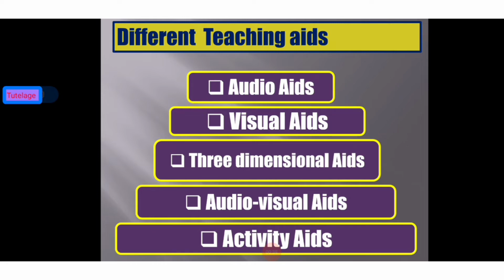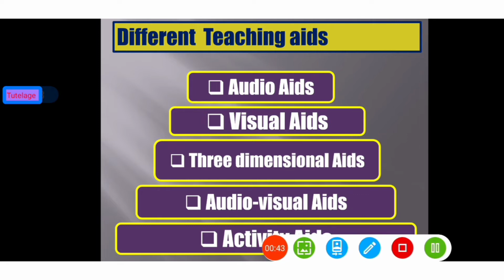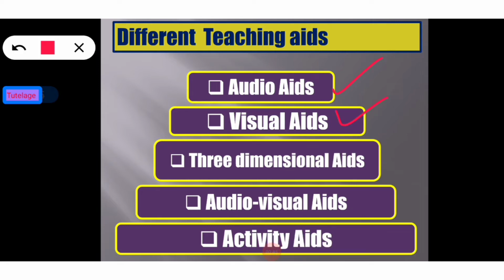The first one is audio aids, second is visual aids, third is three-dimensional aids, fourth is audio visual aids, and last but not the least, activity aids. Now we are going to the basic explanation of audio aids, visual, three dimensions, audio visual and activity aids.